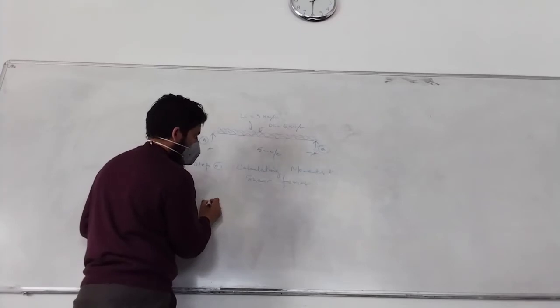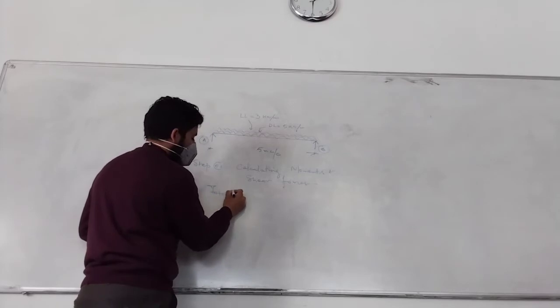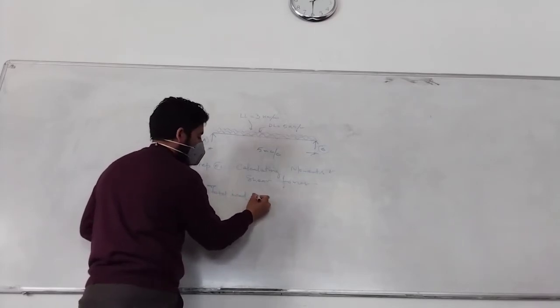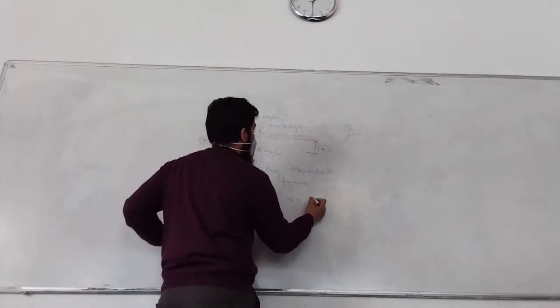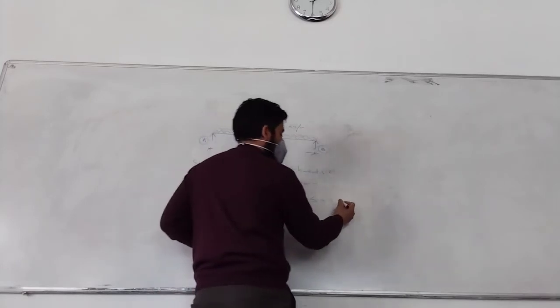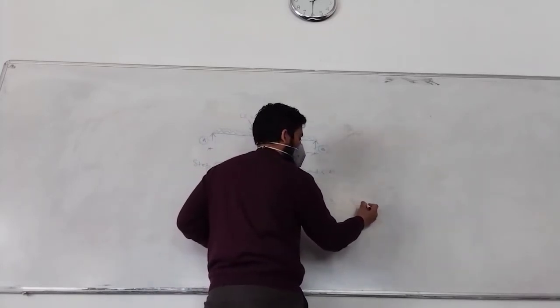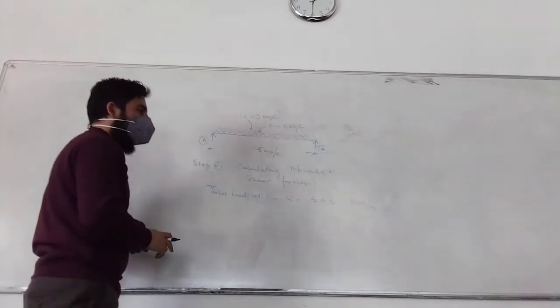Now, the first thing is to calculate the total load. The total load UDL acting on this is how much? 5 plus 3. 8 kilonewton per meter is the total UDL load.